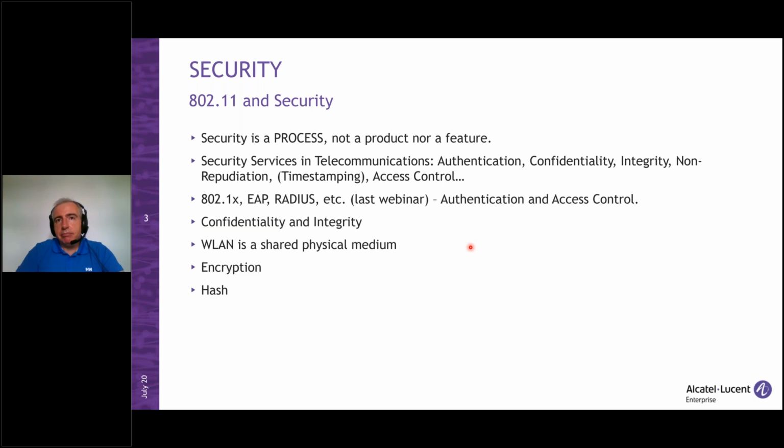So we need some encryption and we need some hash, because these are the techniques we are going to use to deliver the security services. Confidentiality as a security service is implemented in the real world by encryption, and integrity is taken to reality by means of hash algorithms, which we will see a little bit later.